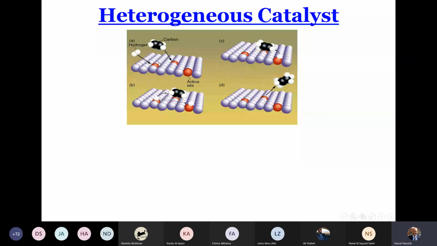Suppose I have the reaction of hydrogenation of ethene, and we know that ethene plus hydrogen forms ethane. So this is the hydrogenation reaction of alkene.